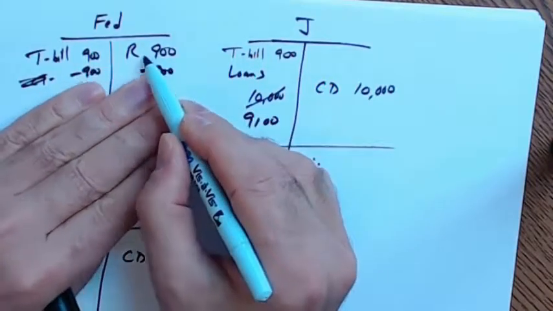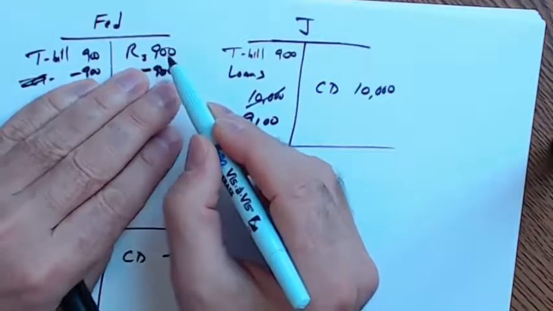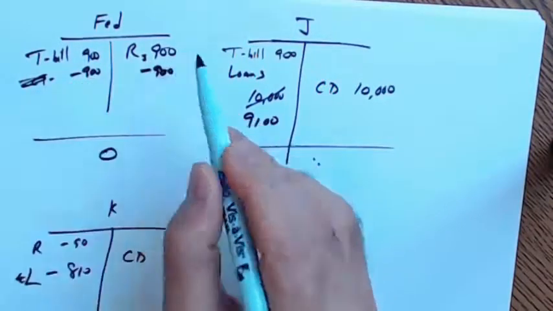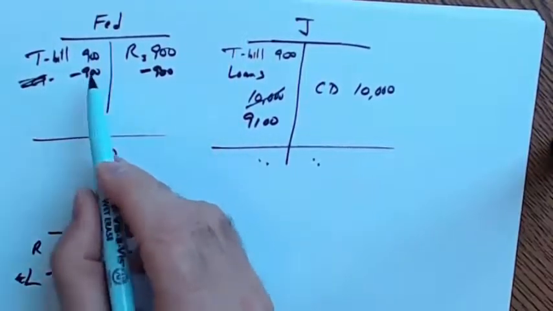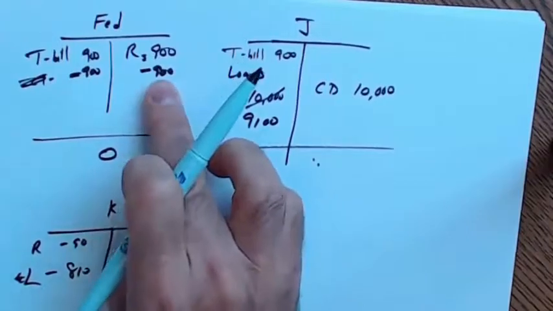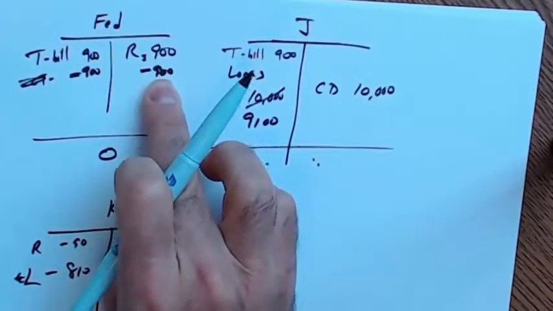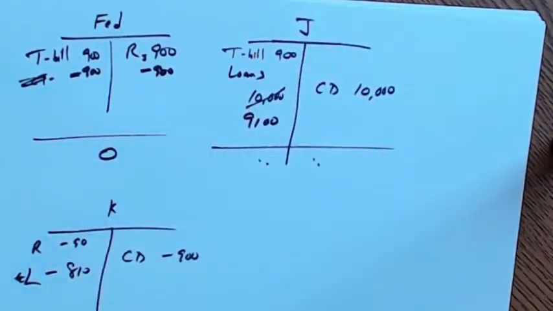Could have been Bank J, called RJ for, there's a J right there, for $900. Now when the Fed decides to reverse this process, it's going to sell the treasury bill, get rid of the treasury bill. It's going to get rid of those reserves, and those reserves are going to shrink, and that's going to have a cumulative process.